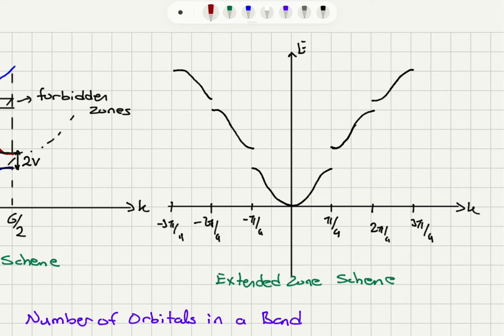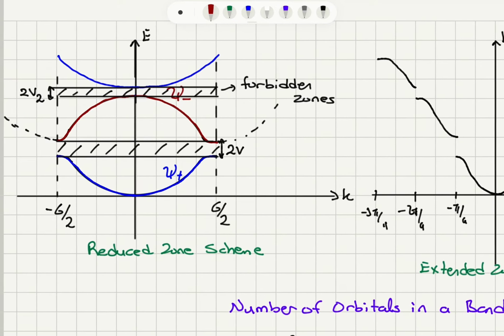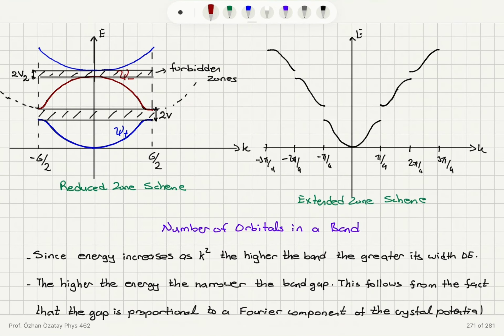That's what we saw in the free electron case first, and this is exactly the same thing we're doing. So we have these energy bands in the extended zone scheme that can be transformed into the first Brillouin zone by using the appropriate reciprocal lattice vectors.